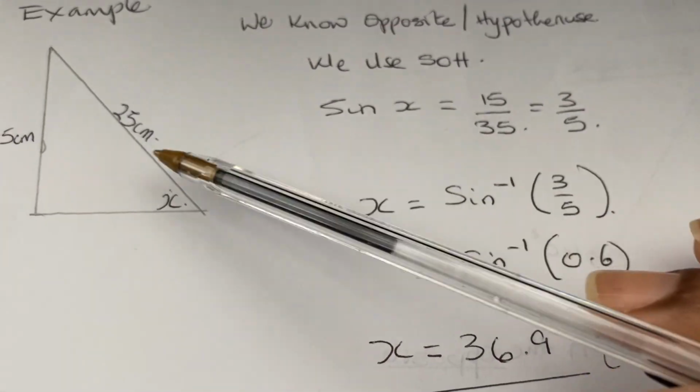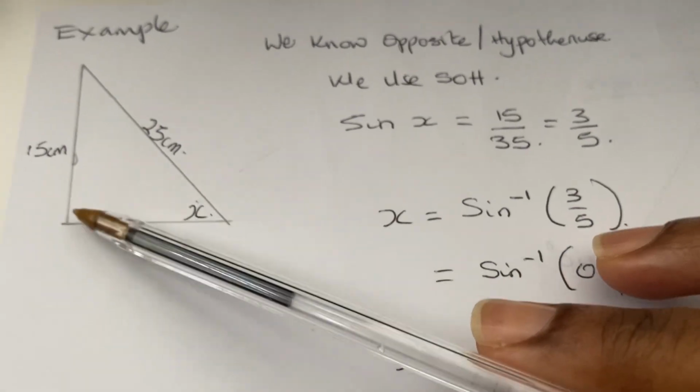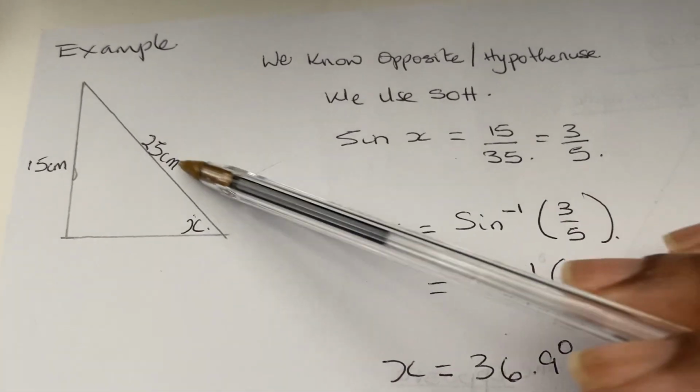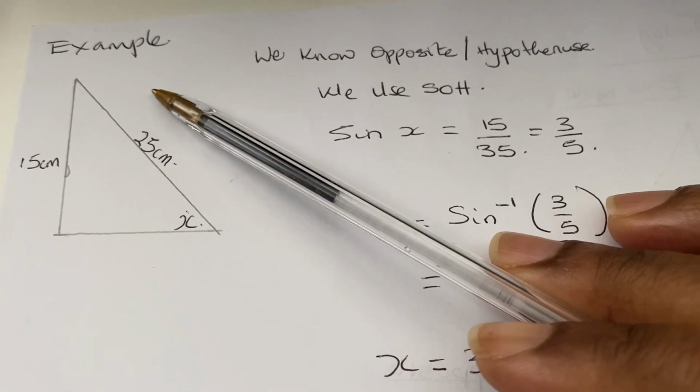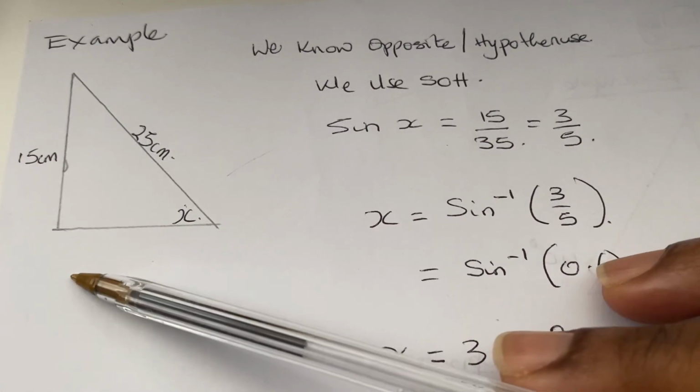So now we know the opposite and we know the hypotenuse. So we have to use sine.